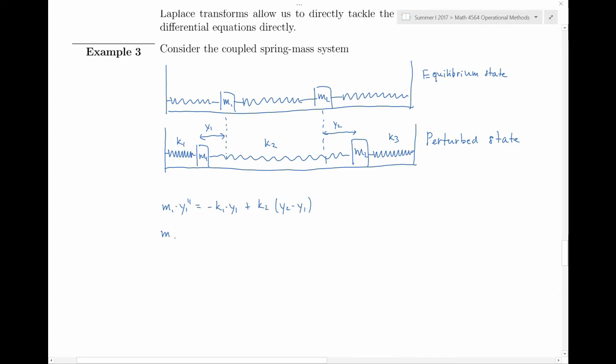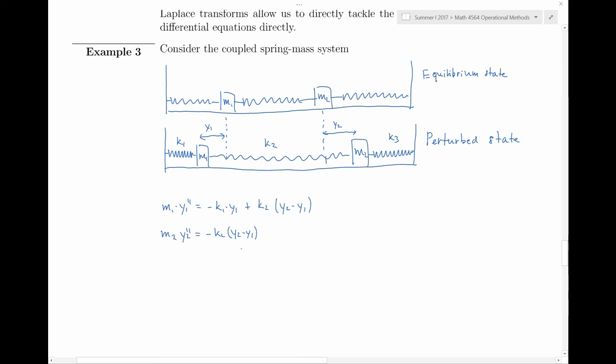The second equation is going to be mass of the second particle times the acceleration of the second particle equals the sum of the forces acting on the second mass particle. And what we have is the spring K2 exerting the force, and this time the spring is stretched and it wants to move the particle to the negative side. So it's going to be minus K2 times y2 minus y1.